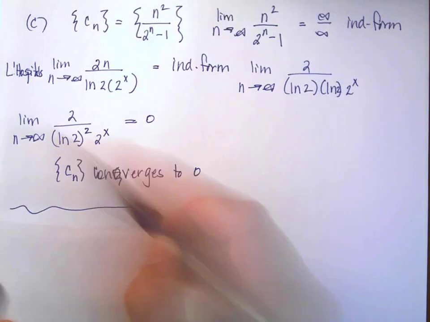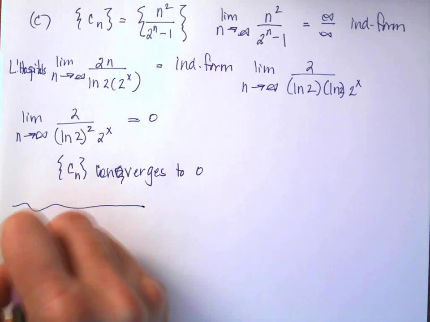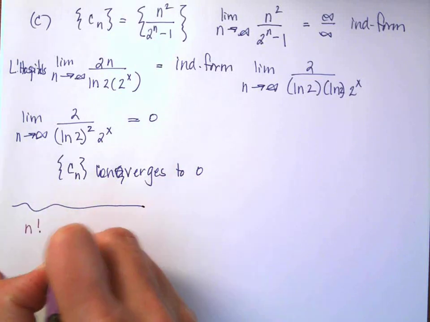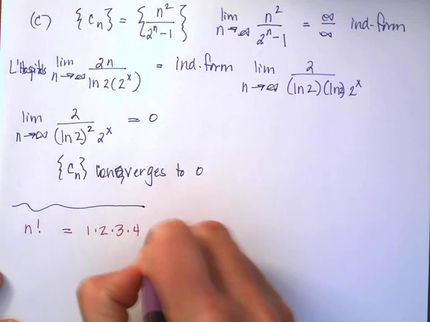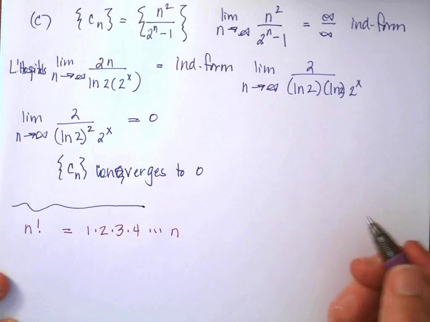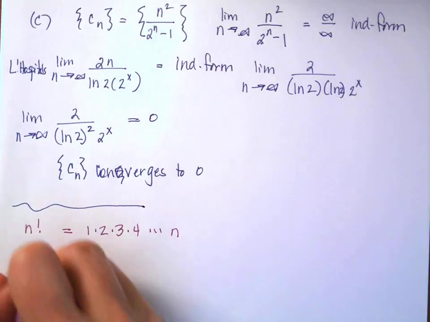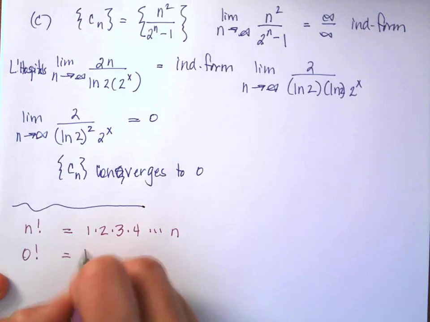Alrighty, a couple of things we also need to remember as we start our chapter with sequences is that n factorial is going to equal 1 times 2 times 3 times 4 onto infinity, and then n would be the last term. And then I need to remember a special case that 0 factorial would be equal to 1.